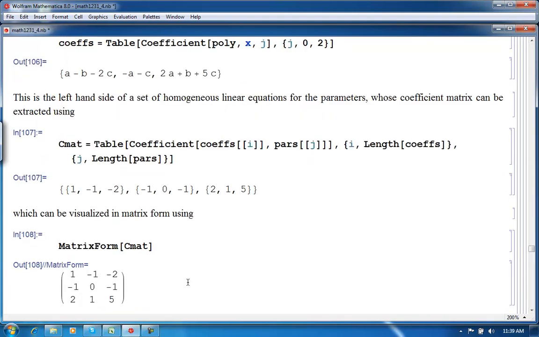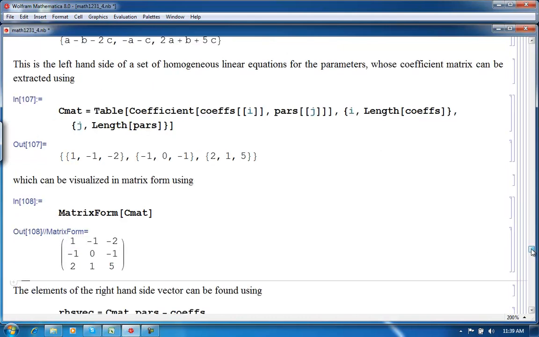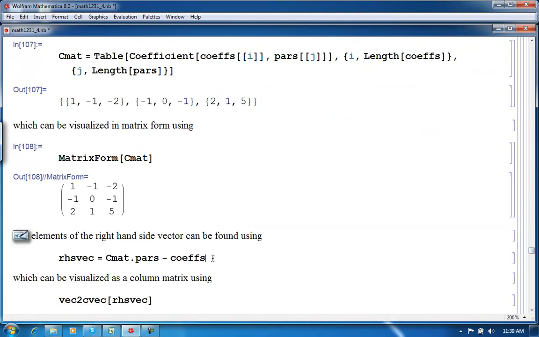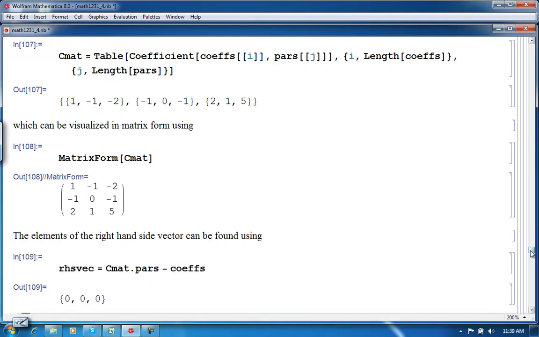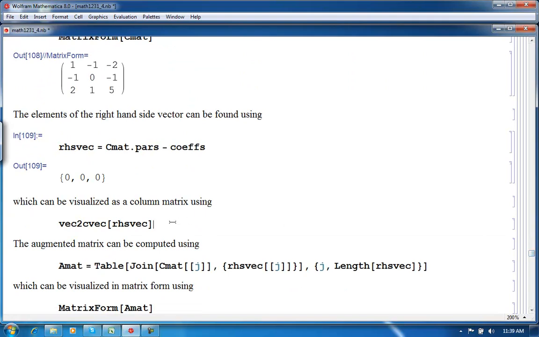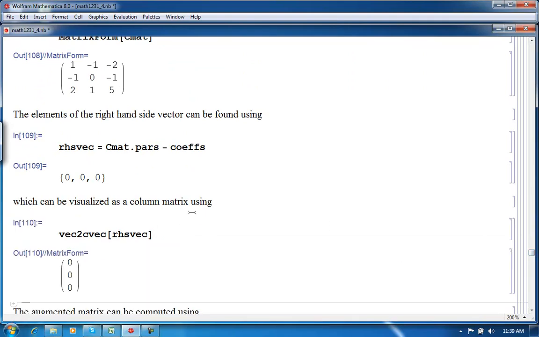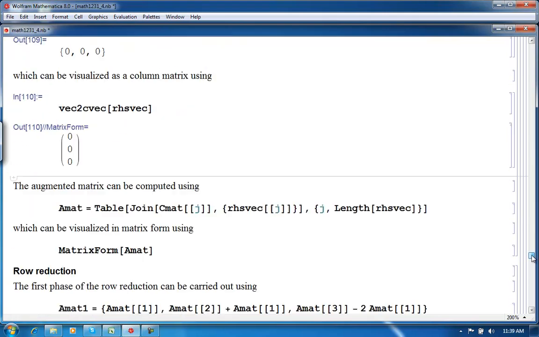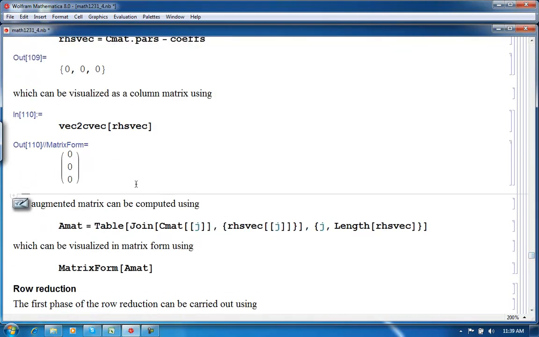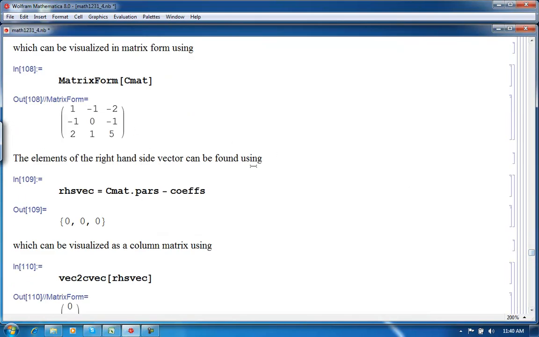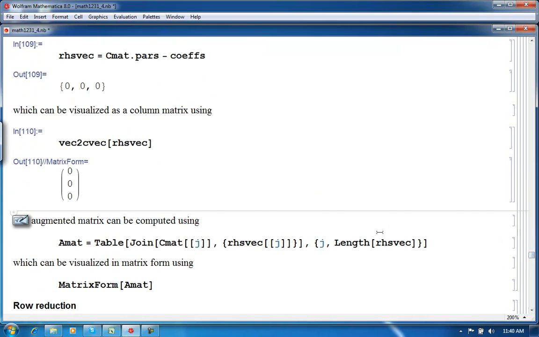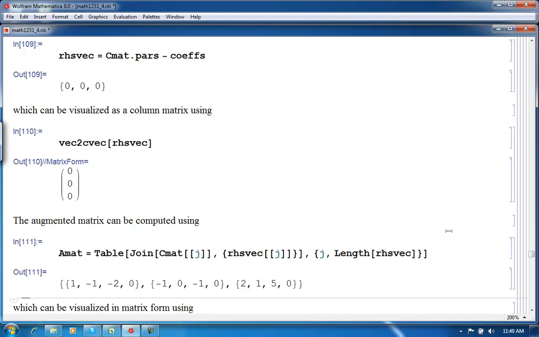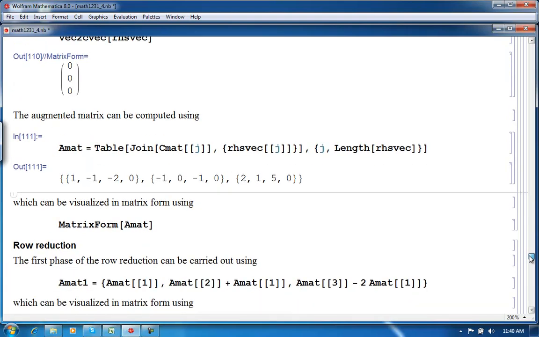And there it is there, and we need to calculate the right-hand side of the equations, which of course in this case will be 0, using that, and then view it as a column vector, like so, and then form the augmented matrix by joining this column onto the three columns of the matrix. And we can do that using this here. And we can see that it's been done correctly using this.